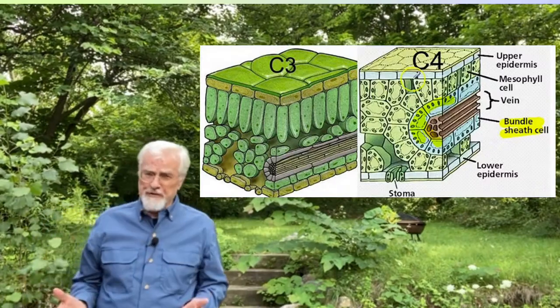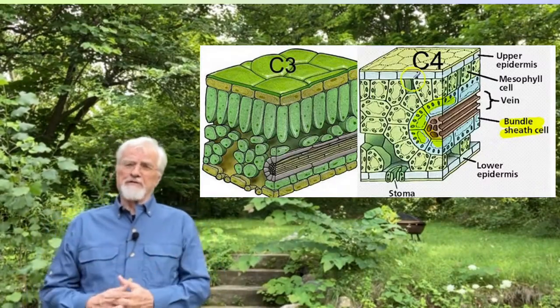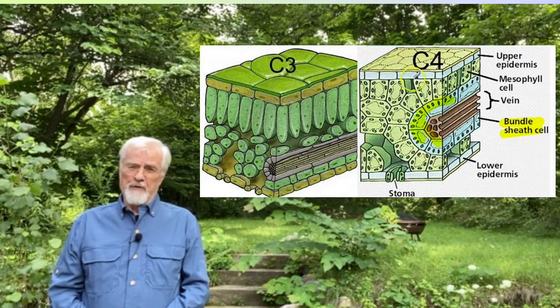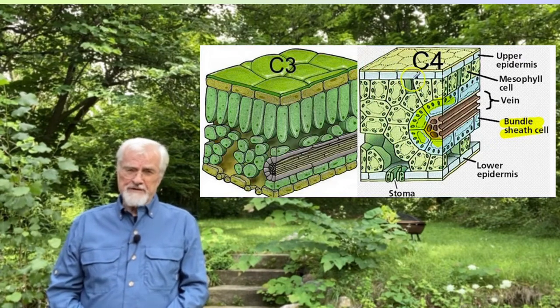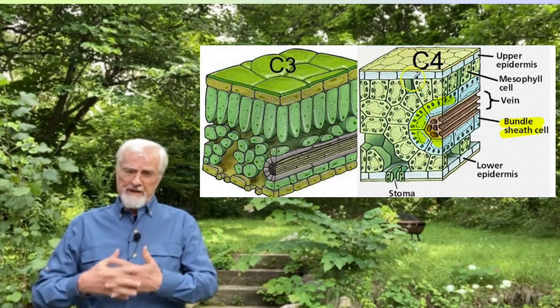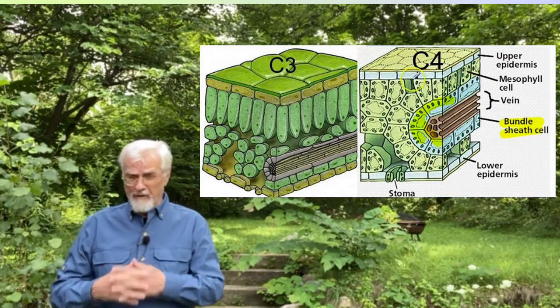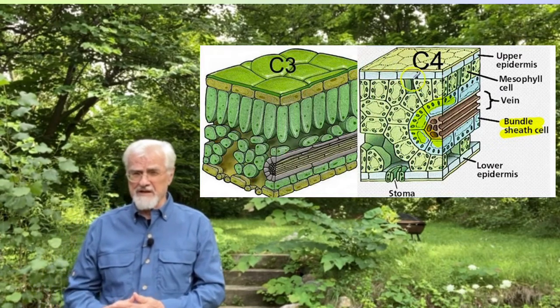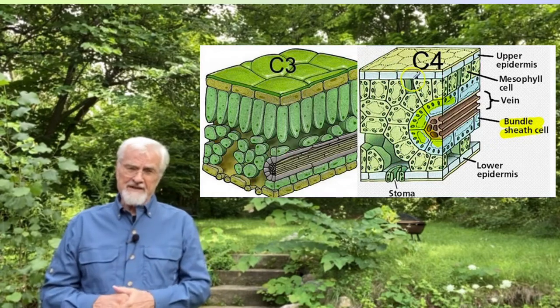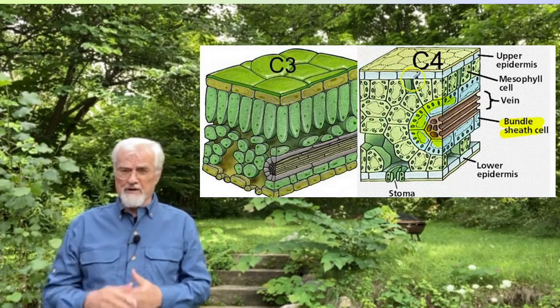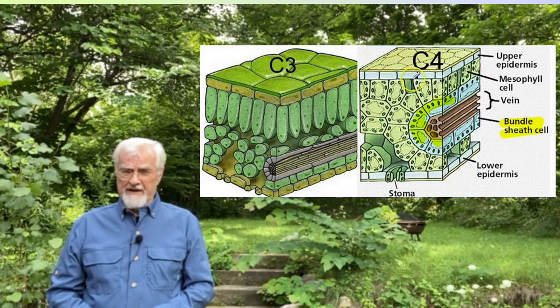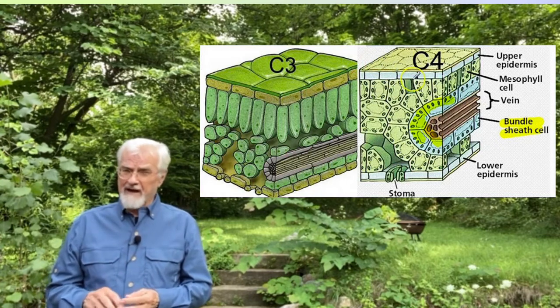Evolution has produced for us a totally different form of photosynthesis. It's called C4 photosynthesis, and if you look at a plant that engages in C4 photosynthesis, you can immediately see a fairly dramatic difference in the microstructure of the leaf itself. Here, the trachea, you'll note, are surrounded by guard cells.